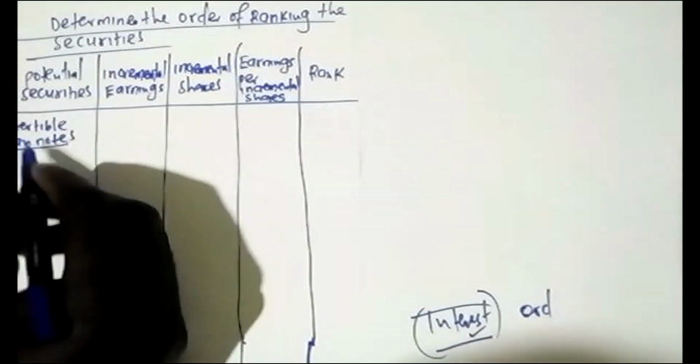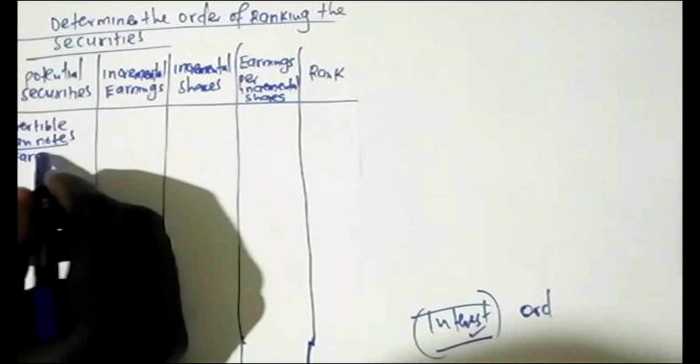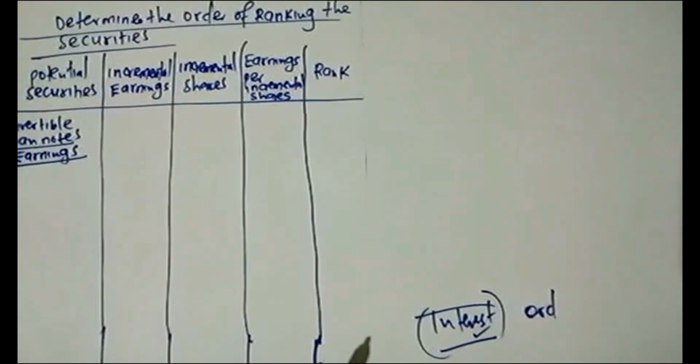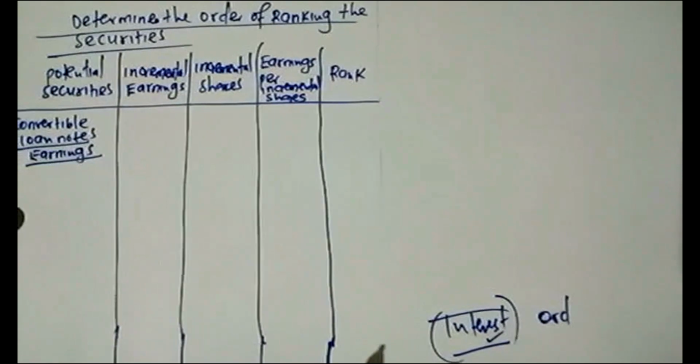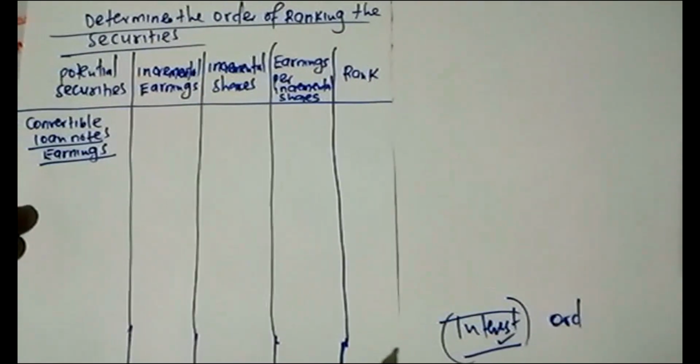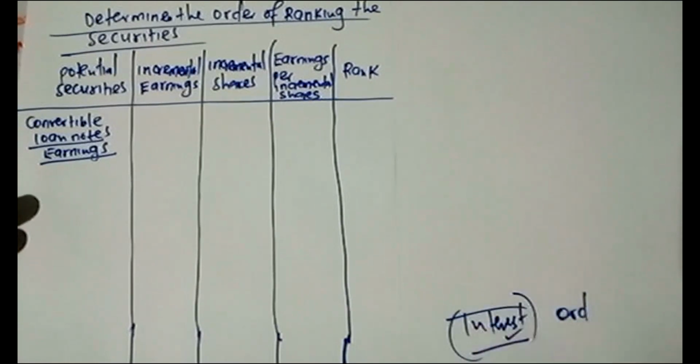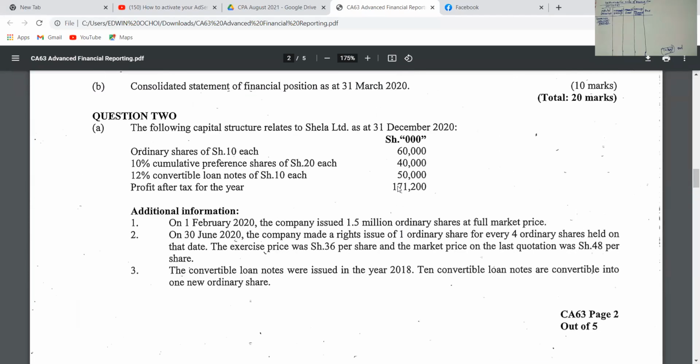For the convertible loan notes, I will start with earnings. The relevant figure is given, or the relevant amount for the security. That is according to the start of the question: the 12% loan note of shillings 10 each at 50,000.